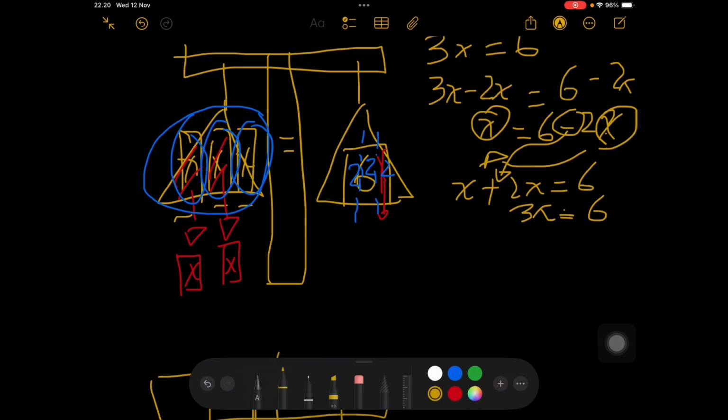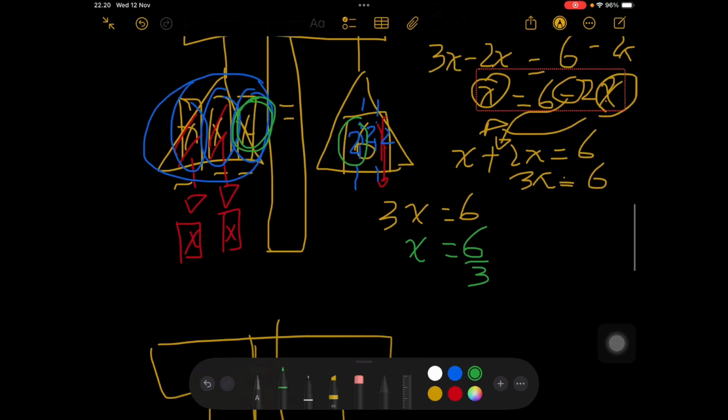So the right thing would be 3x equals 6. And this 2 is the value of this 1x right here. So now it's 1x equals 6 divided by 3. And thus we get x equals 2.